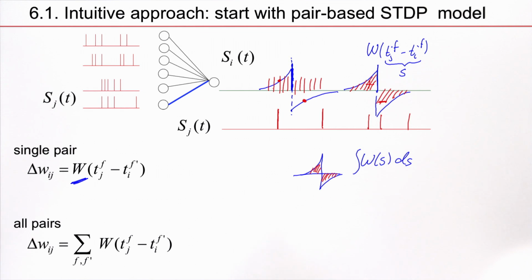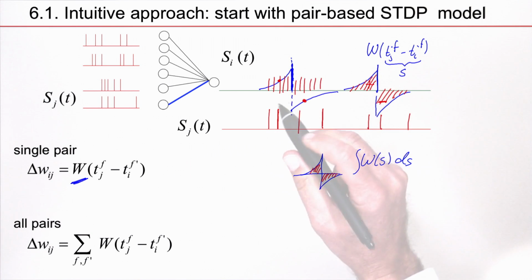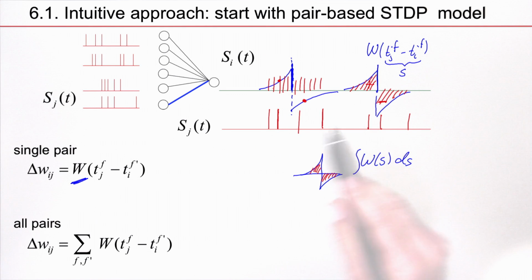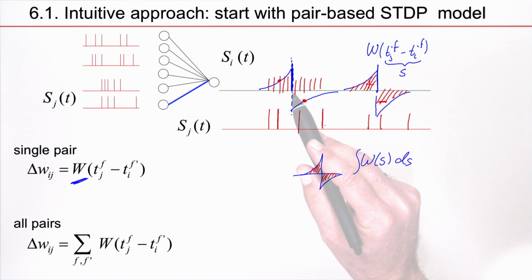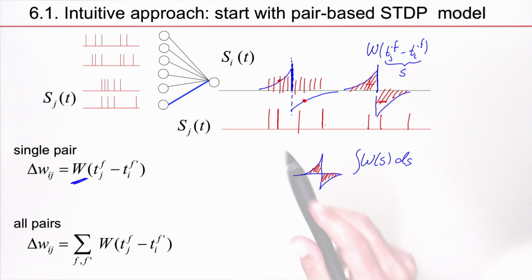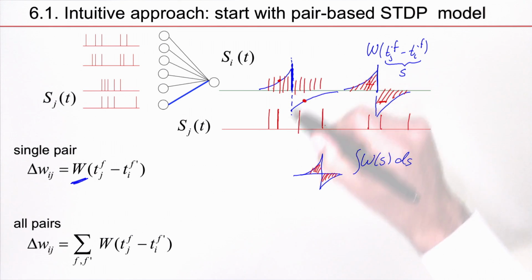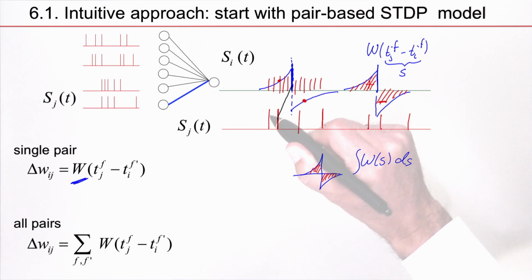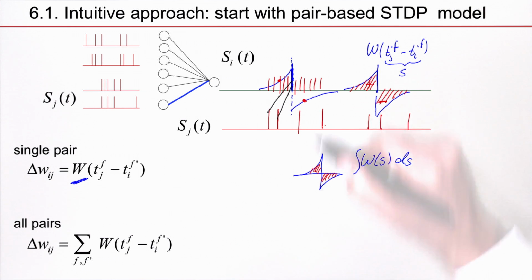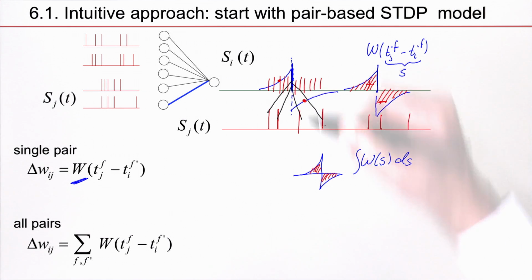Okay, now you see that if I have more presynaptic spikes, then for each postsynaptic spike, there are many contributions. So what matters is how many spikes I have per postsynaptic spike. If I consider all pairs of different spikes, here's a postsynaptic spike, here I have one pair of pre-post, here I have another pair of pre-post, here I have a pair of post-pre, here I have another pair of post-pre.